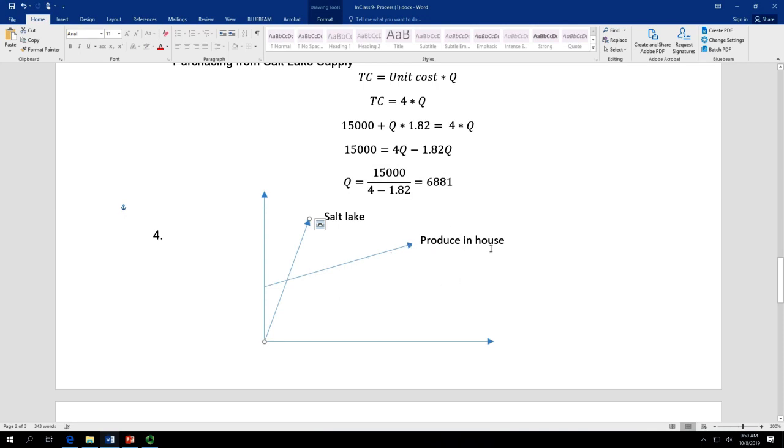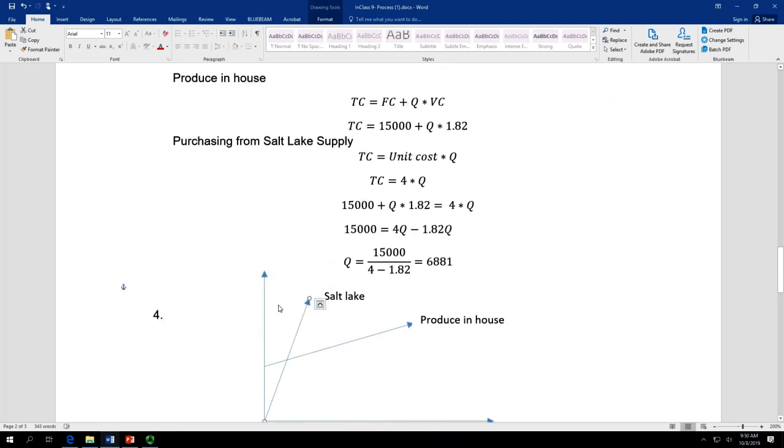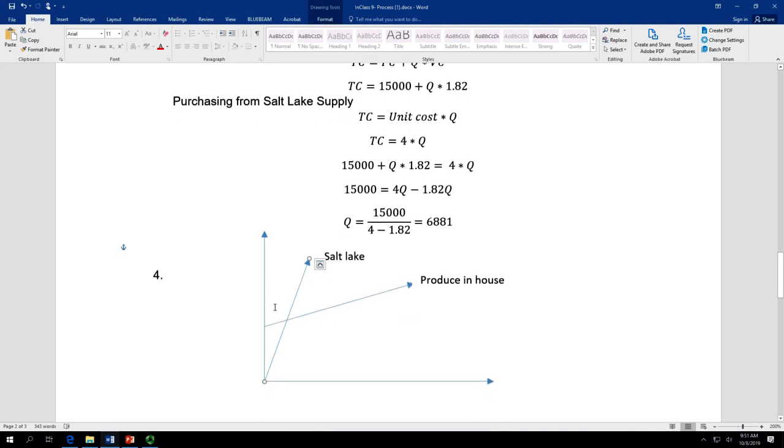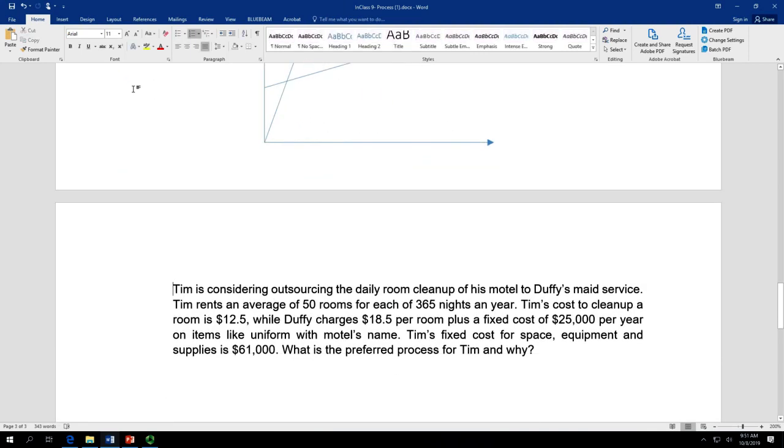Producing in-house is the smaller option, correct? And when your order is less than 6881, Salt Lake City is a good option. However, they only offer you this price if your order is less than 3,000. So this picture will give you some idea in which range you need to select which option. Yes, that's the main idea.